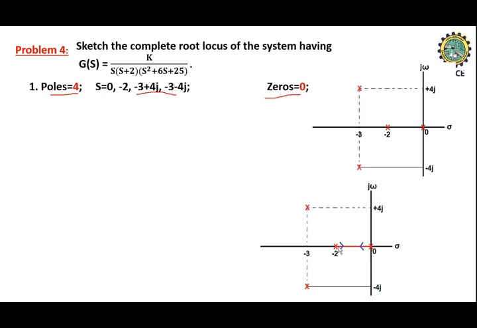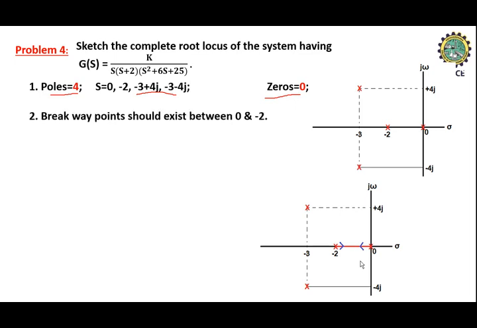With respect to this pole at the origin, the root locus branch should move away from this pole. This is the direction for these two poles, but you can't say the direction for the complex poles here. You can only find the direction of poles or zeros which are on the x-axis.